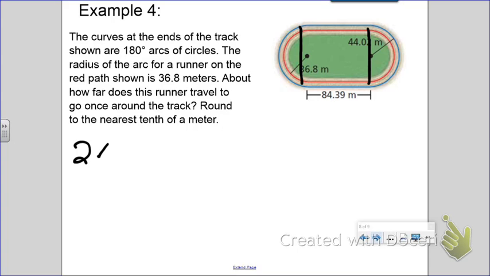Take 2 times 84.39, and then we're going to add that to the half of the circumference, or they're going to equal a total circumference. If we look at it, it makes a full circle. So if I take 2 times 84.39, we get 168.78.